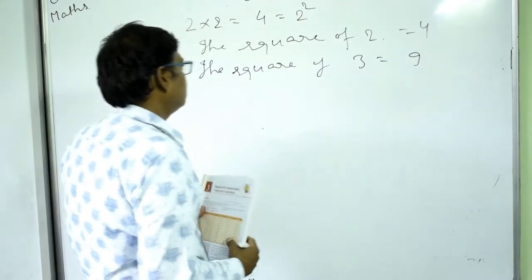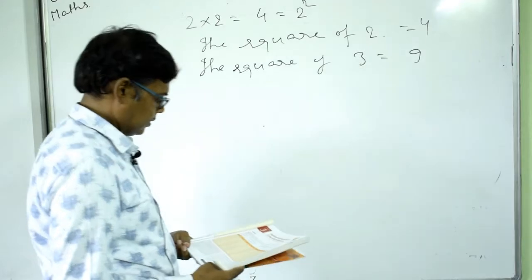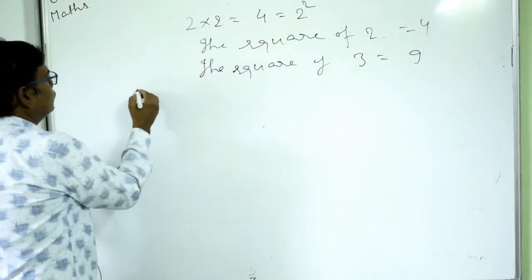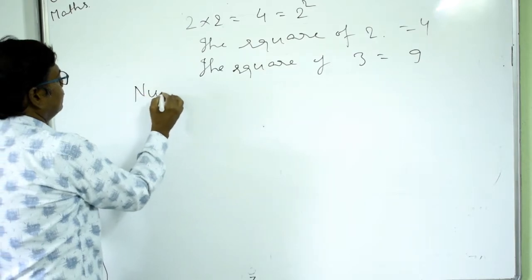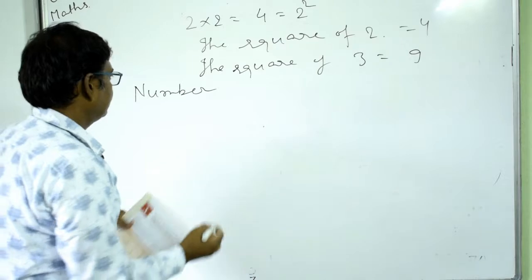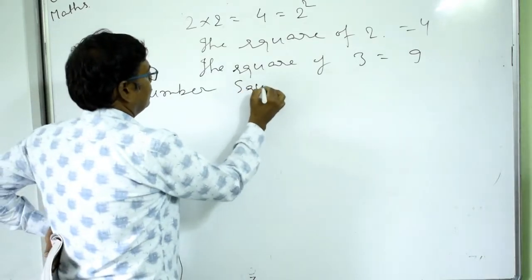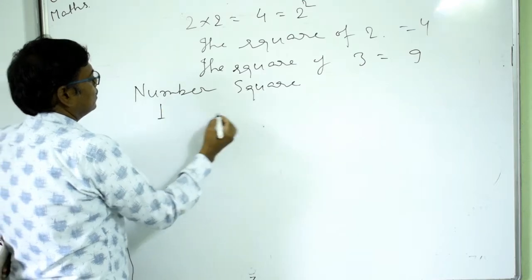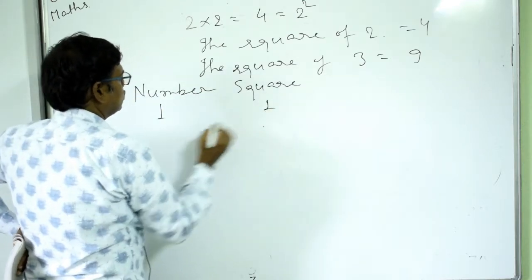Similarly, you can find the square of any number, and here there are some numbers with their squares. The number 1, its square is 1.